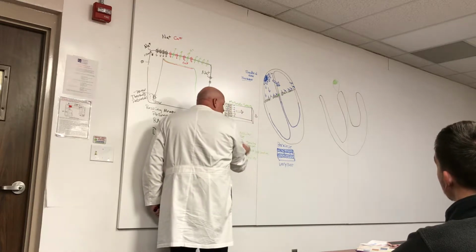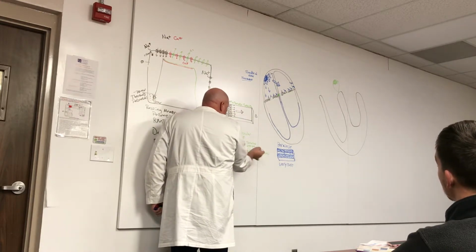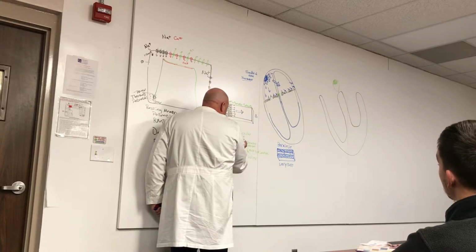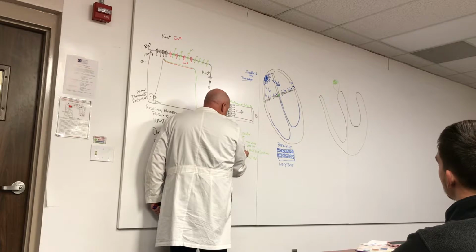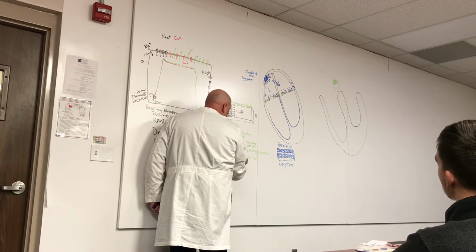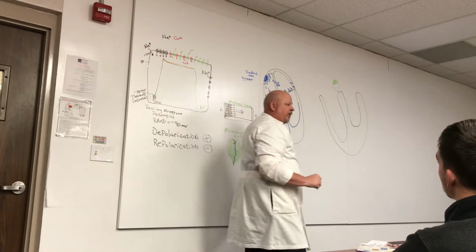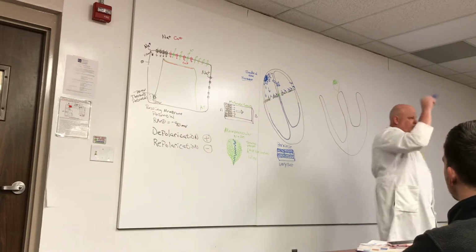So when the signal comes through the AV node, there is a reduced number of gap junctions, minus 60 millivolts, smaller cells, and they're offset. We end up with the signal having to zigzag to get through. It's not exactly a perfect signal, it's not straight.